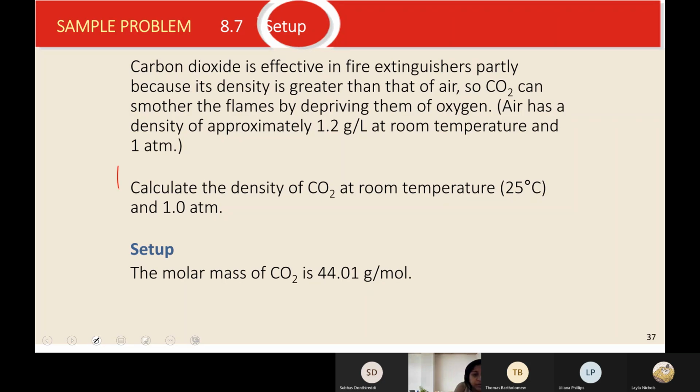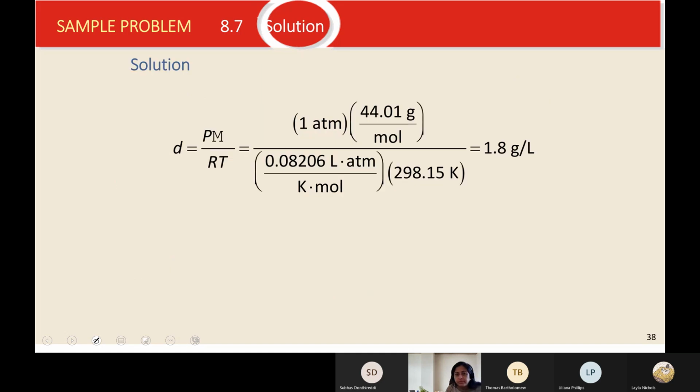We are looking for the density of the carbon dioxide. We are given the molar mass, the temperature, and the pressure. So we'll use this equation: density equals P multiplied by the molar mass divided by the gas constant multiplied by the temperature. Pressure is 1 atm. The molar mass is 44.01 grams per mole.